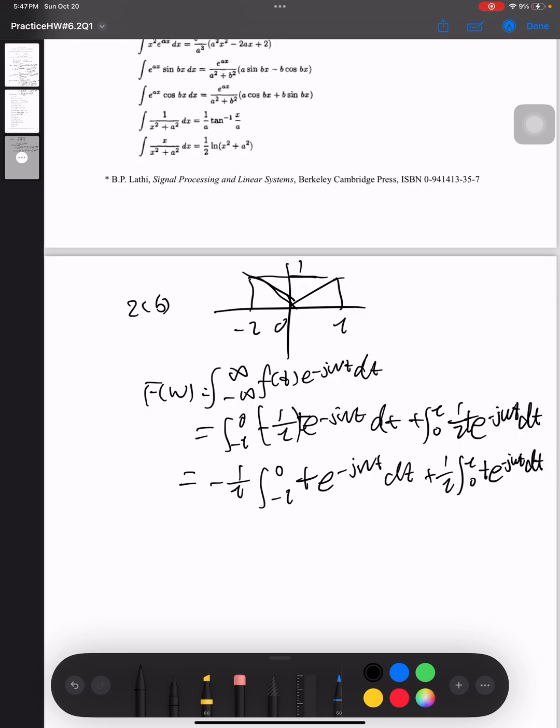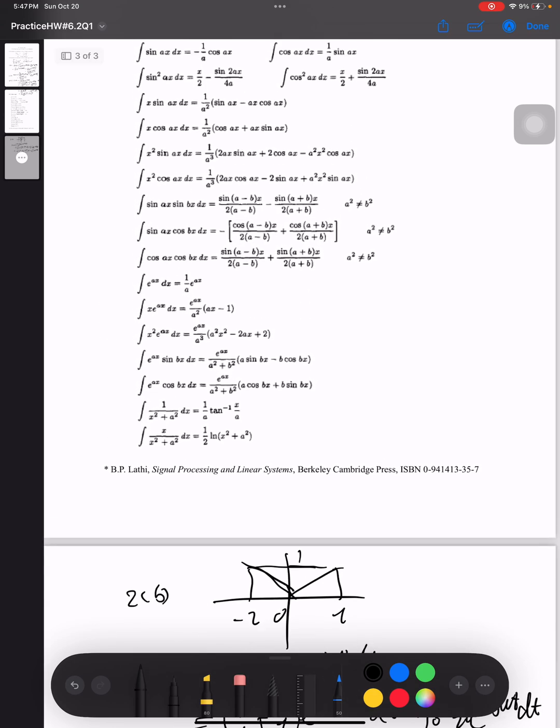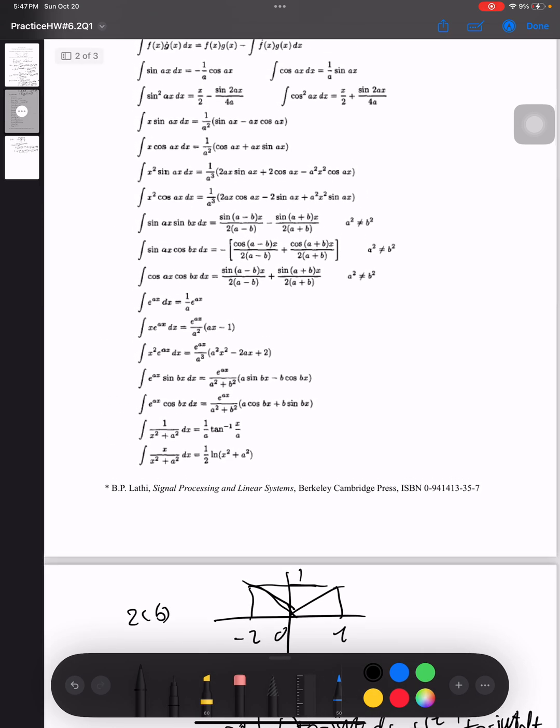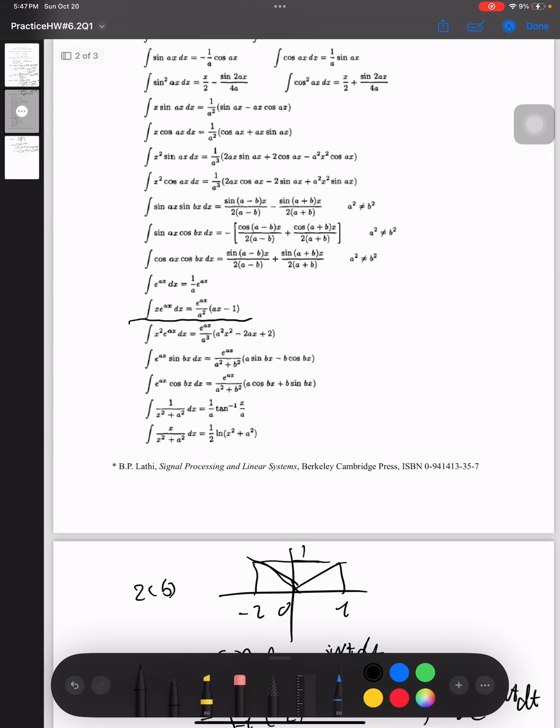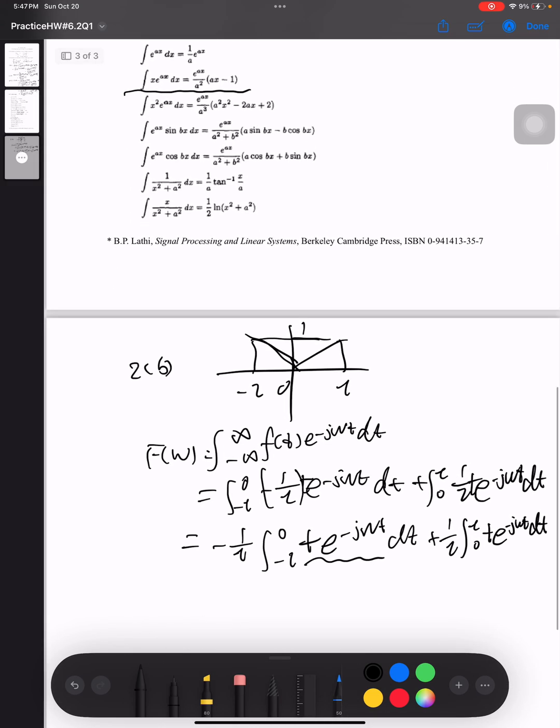And next, for the integral of this part, we need some help from the table. Let's check. Actually, it's this one, so we can directly use it. Let's write it down first.